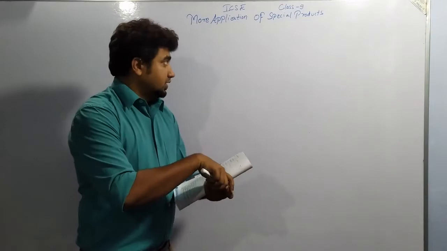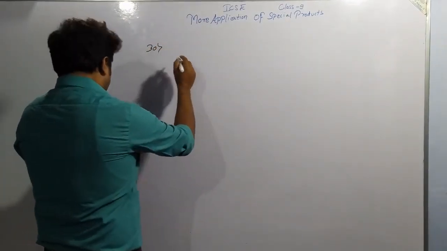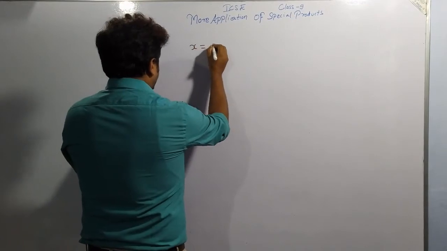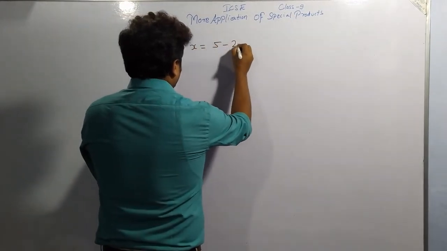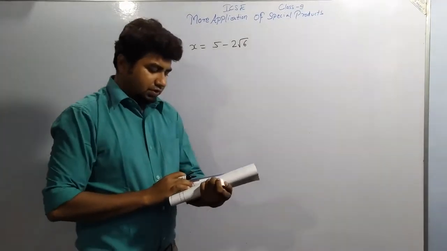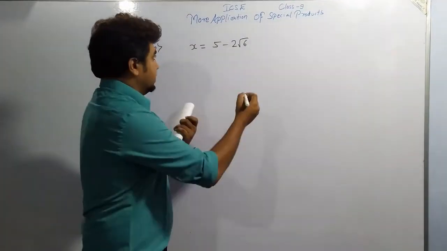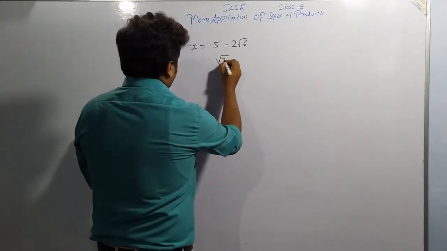In question number 30 it is given x is equal to 5 minus 2 root 6. This value is given to us, and we have to find the value of root x plus 1 by root x.